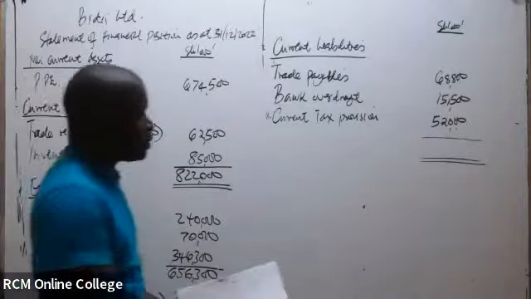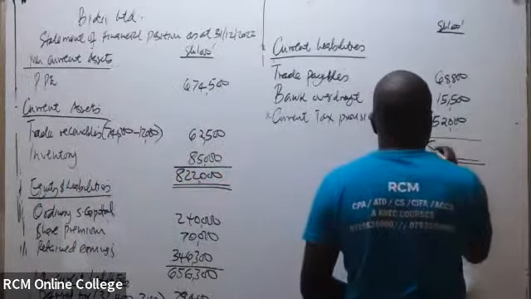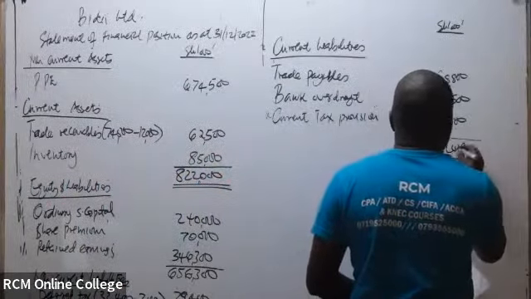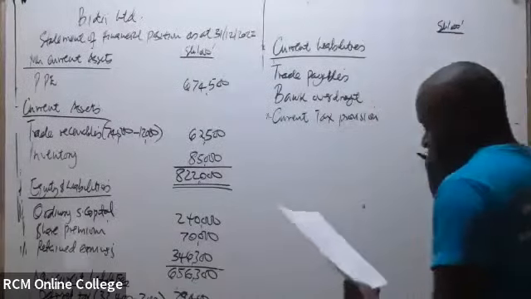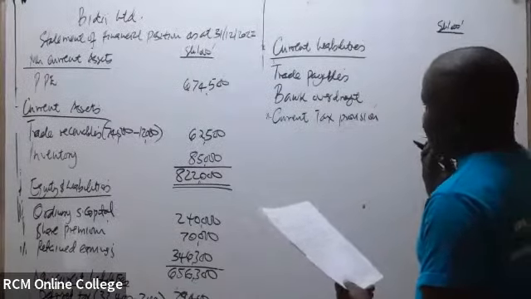It is 822 million. So that particular statement of financial position was worth 10 marks.